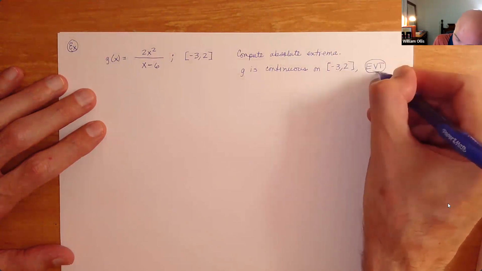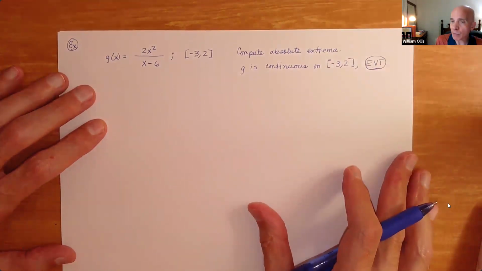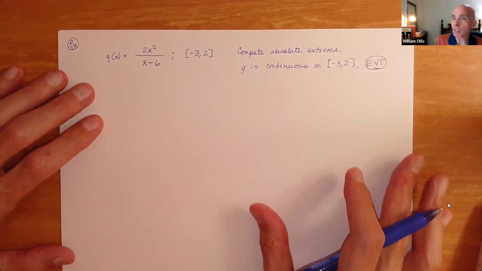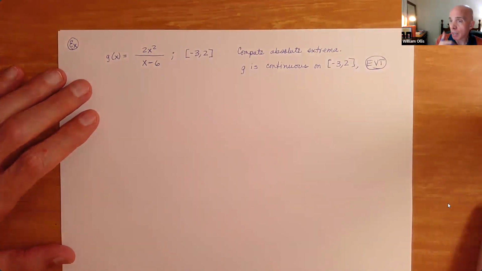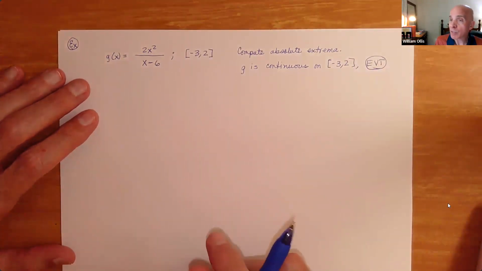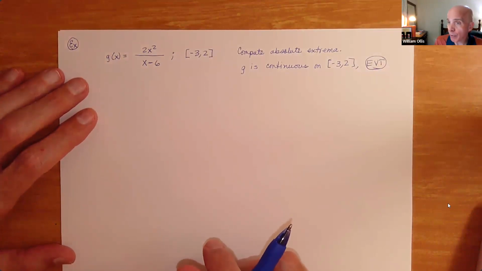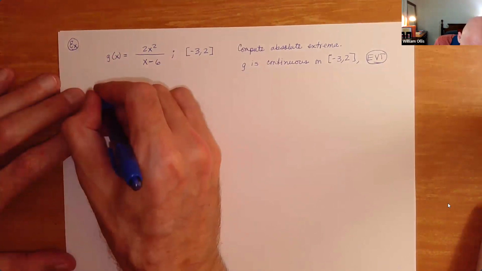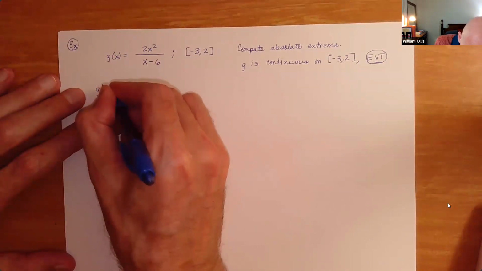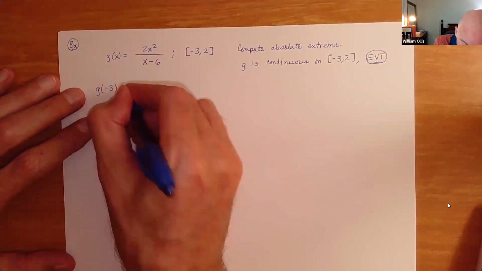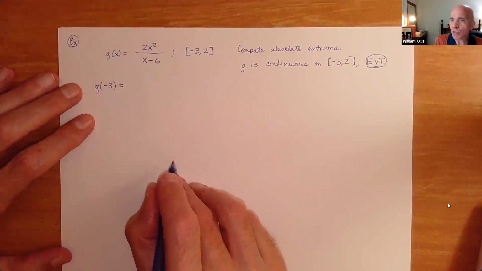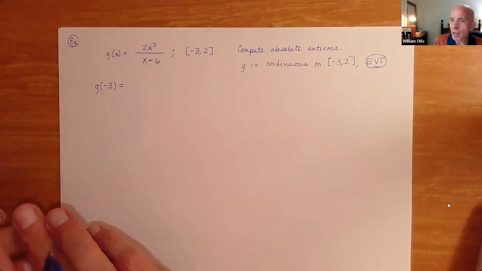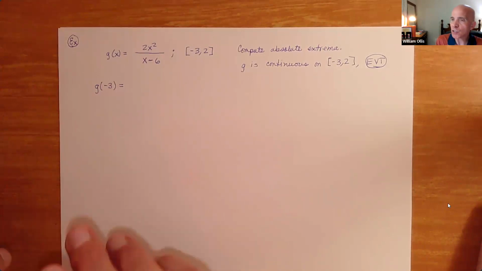So we know by EVT that there is a maximum and a minimum. And we're going to use the combination with Fermat to actually determine what they are. So now, first, let's go ahead and make these calculations. If you like, you can always check the endpoints. It doesn't matter how you do this in whatever order, but once you have EVT, go ahead and check the endpoints.